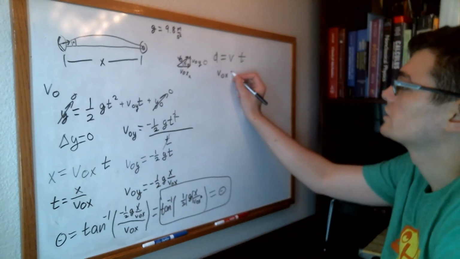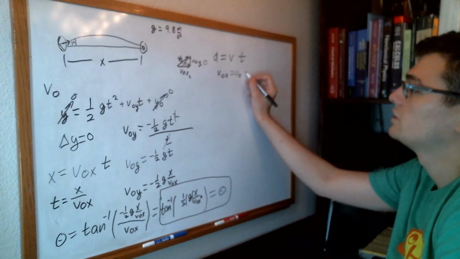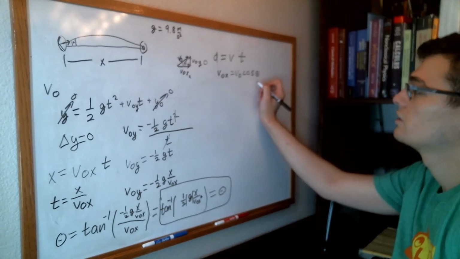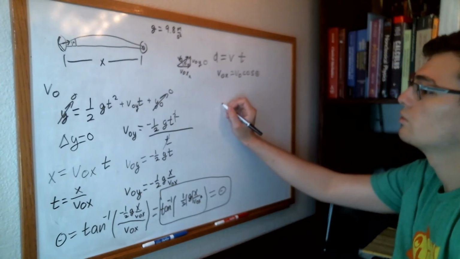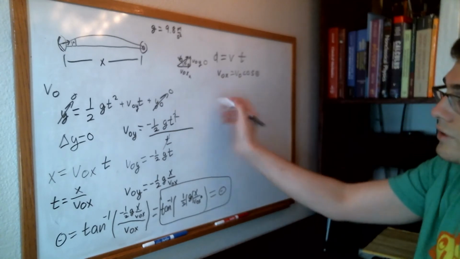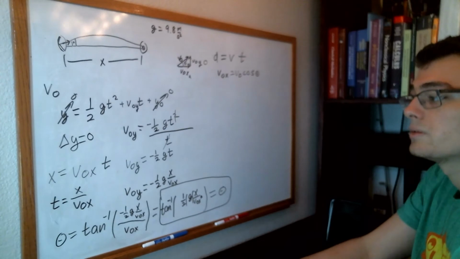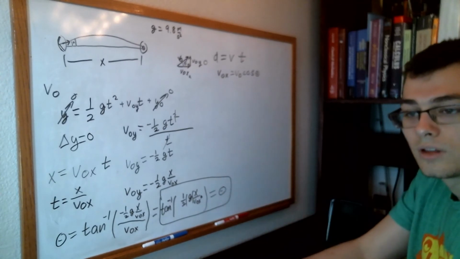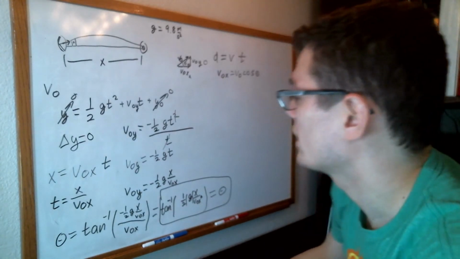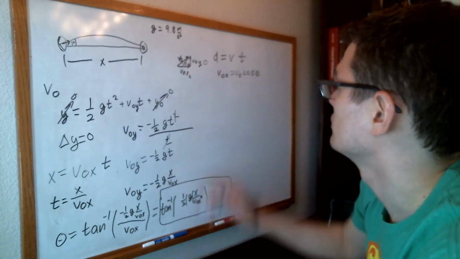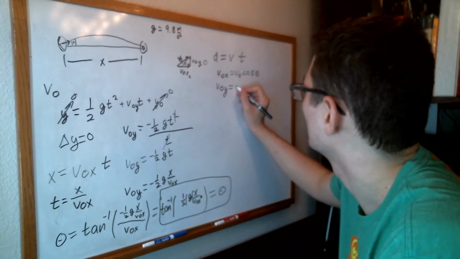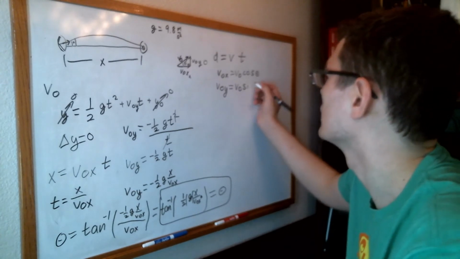So v naught x is just going to be v naught times cosine of theta, and then we have to plug that in here and go through the problem like that. And then v naught y is also going to end up being equal to v naught sine theta, right?